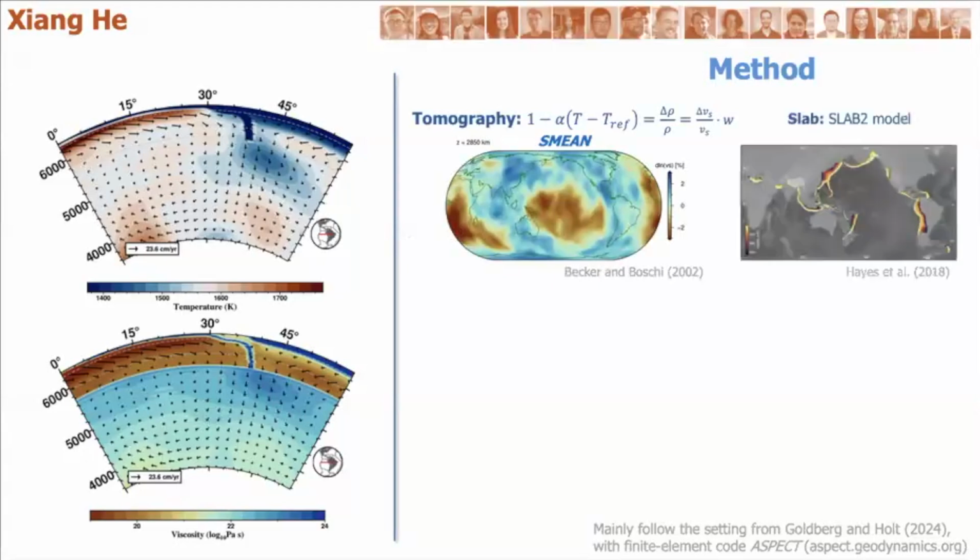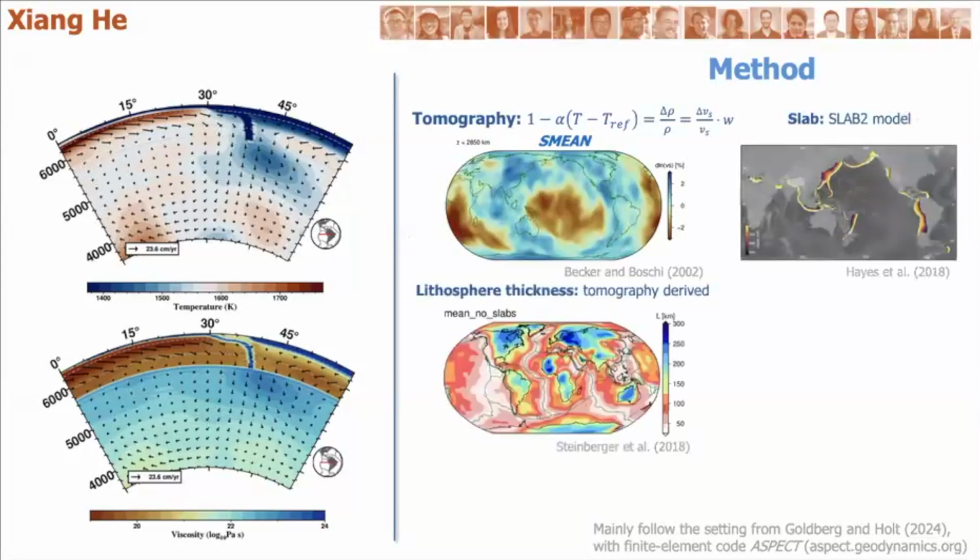Then we implement the slabs using the Slab2 model, which is constrained by seismic data beneath subduction zones to constrain where the slab is and its depths. And for the lithosphere thickness, we use a tomography-derived lithosphere thickness from Steinberger 2018.